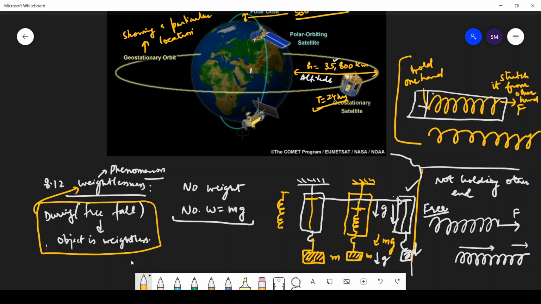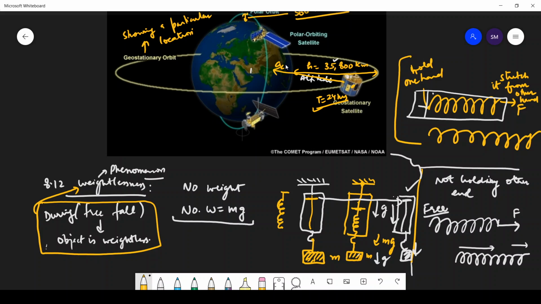So what happens when the astronauts go into space? Suppose they are in this geostationary satellite over here. In a satellite around the Earth, every part and parcel of the satellite has an acceleration towards the center of the Earth, right? So its acceleration is towards the center of the Earth, centripetal acceleration. In circular motion it is due to centripetal force, and centripetal acceleration is towards the center of the Earth.